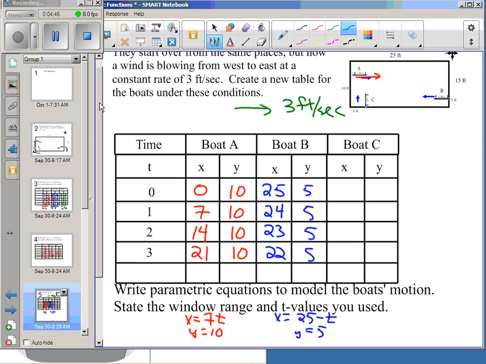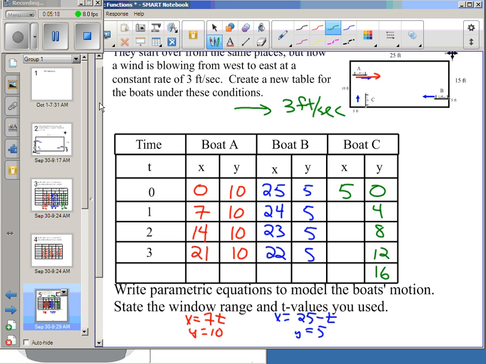And then finally, boat C, Chelsea's boat, is a little bit trickier. It starts at position 5, 0. 1 second later, it has moved vertically 4 feet. After that, it'll move another 4 feet and another 4 feet, so that part doesn't change. But the problem is that it's going to be moved horizontally as well.